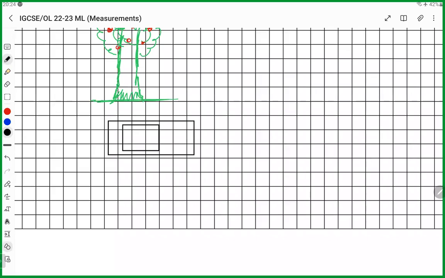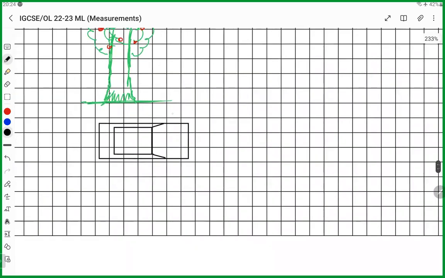Okay, this is a car. Do you see a car over there?